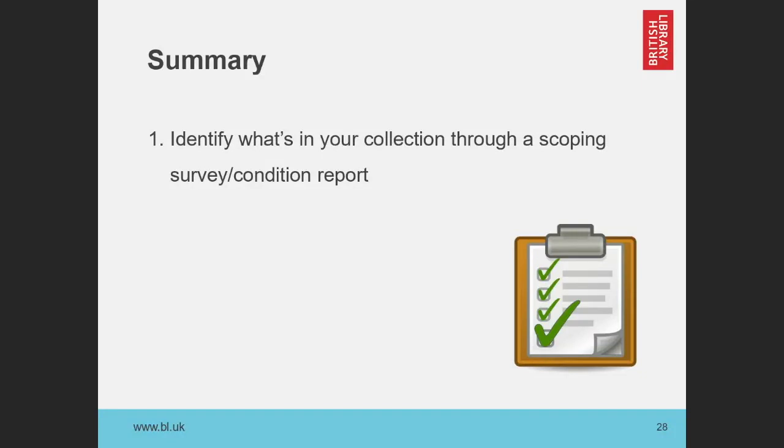They all build into a prioritisation process, I suppose, in terms of assessing whether this collection will take a lot of staff resource or whether it's more manageable in a certain amount of time.